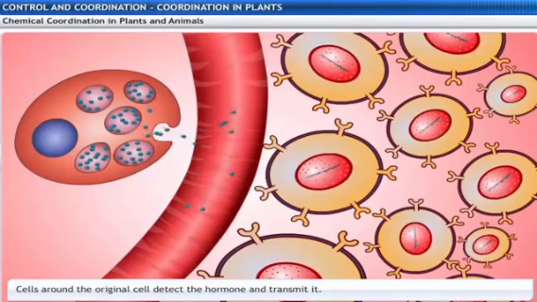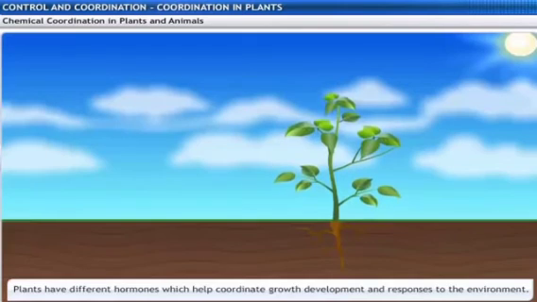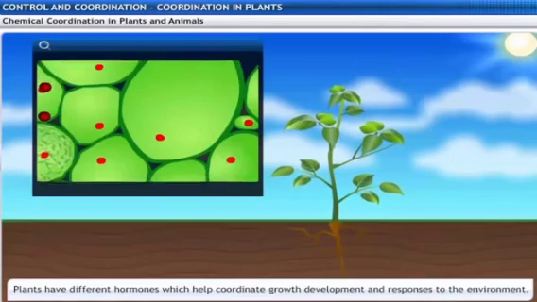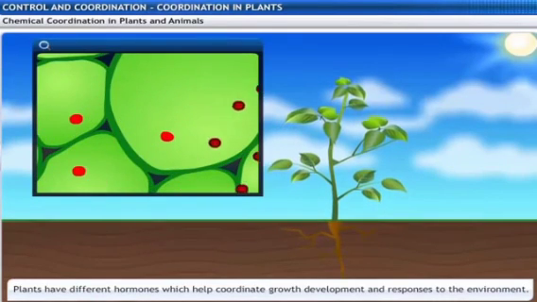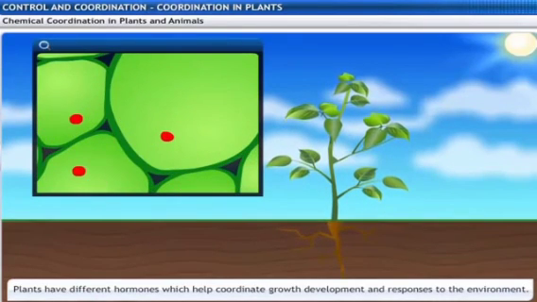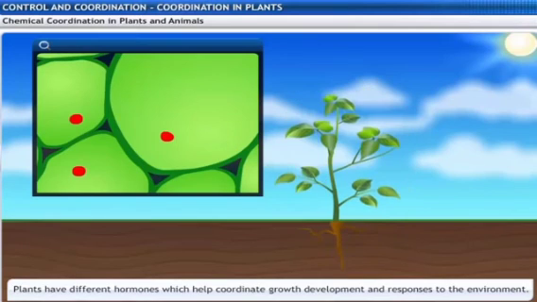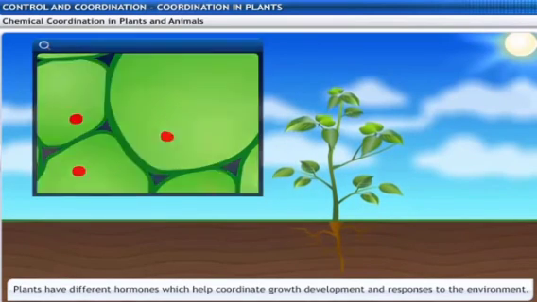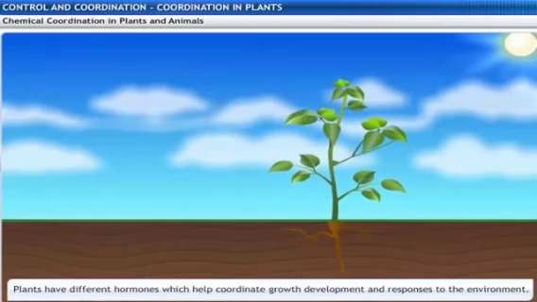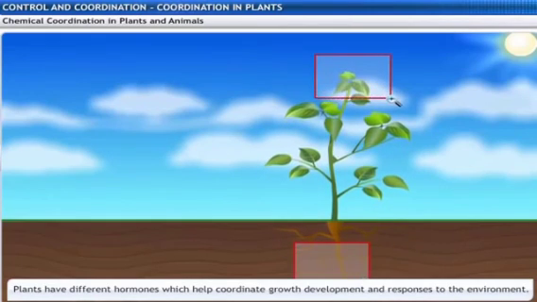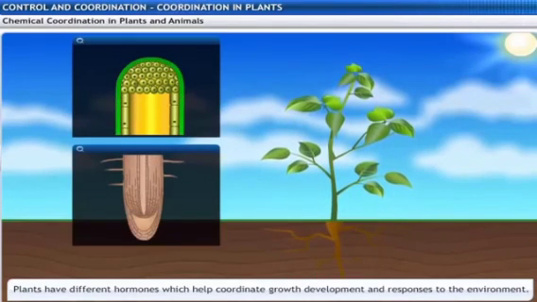This is a slower process, but can potentially reach all cells regardless of nervous connections. Plants have various hormones which help to coordinate growth, development, and response to the environment. They are synthesized at places away from where they act and simply diffuse to the area of action.